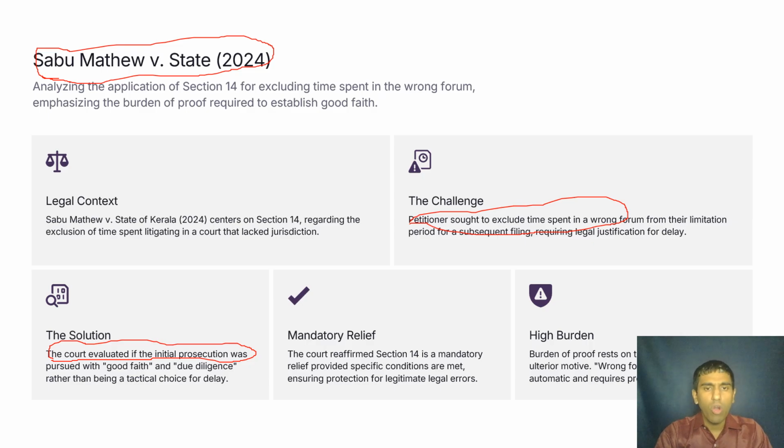So the court reaffirmed that at the end of the hearing, the court mandated that section 14 is mandatory.